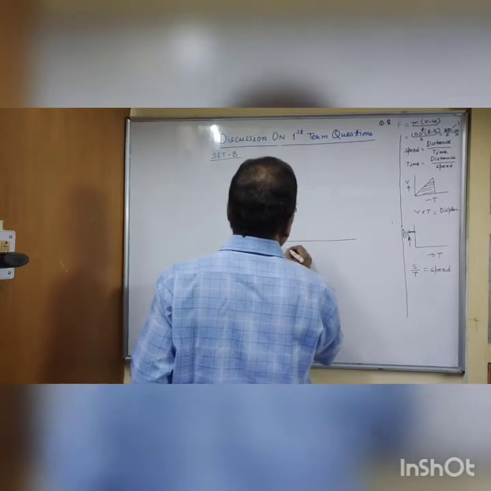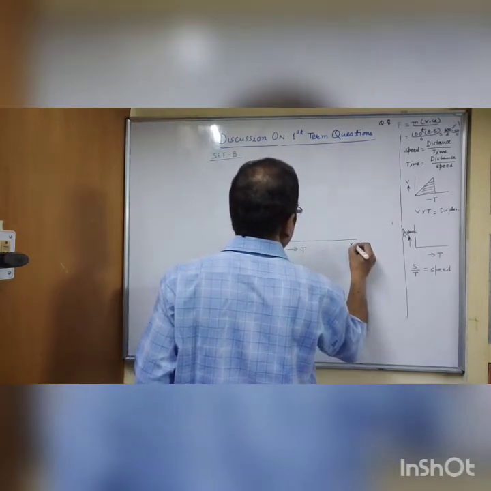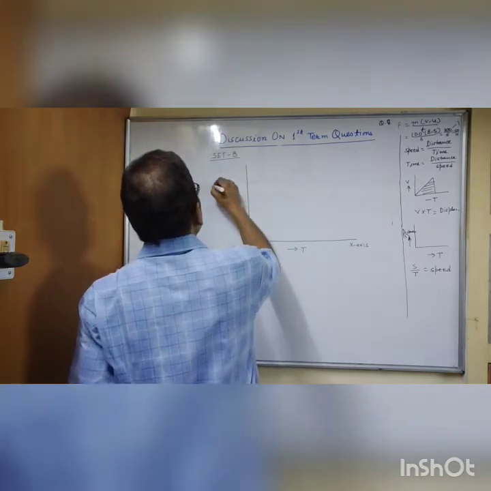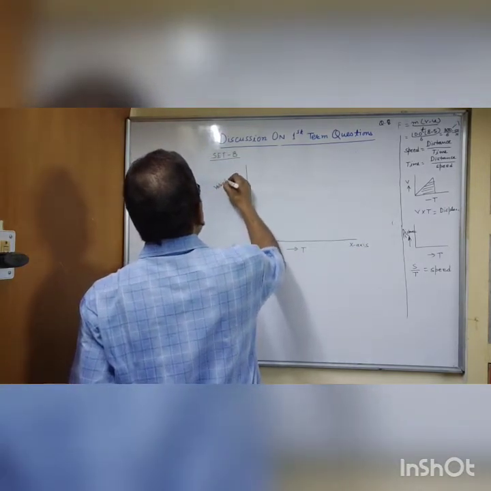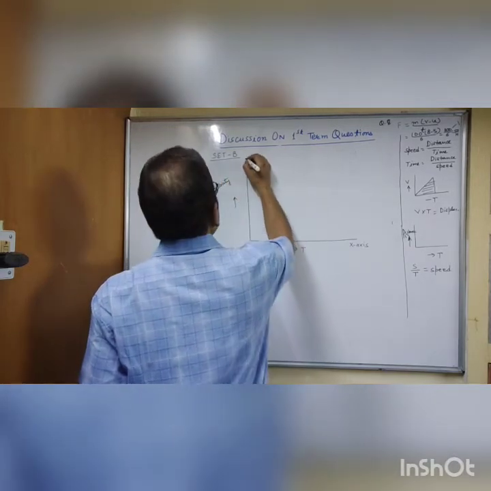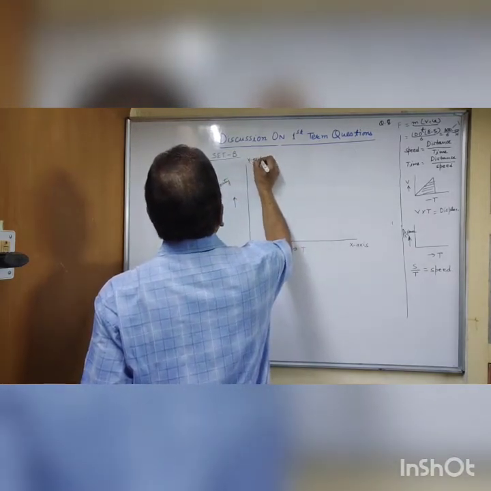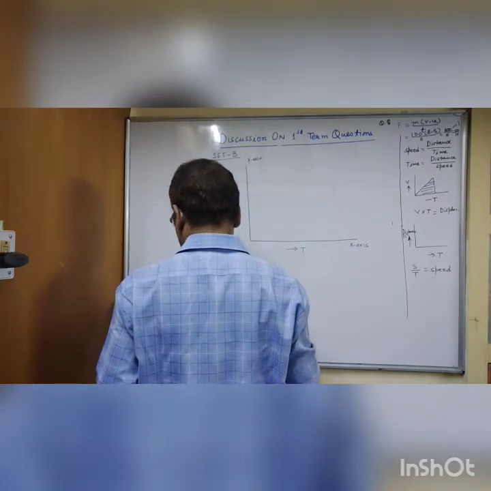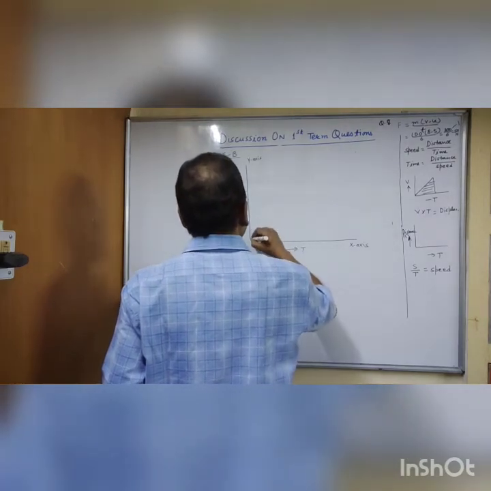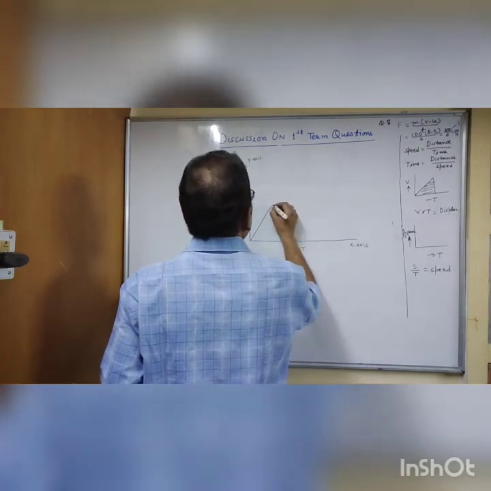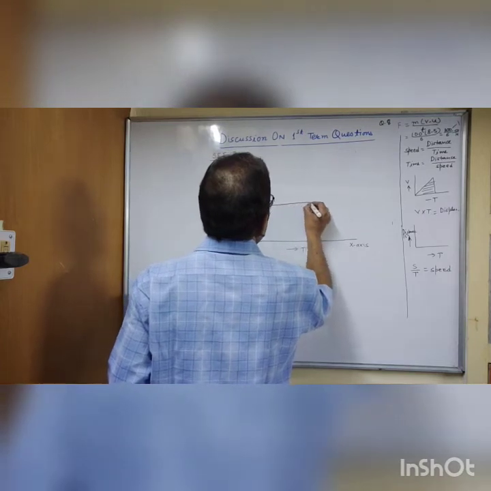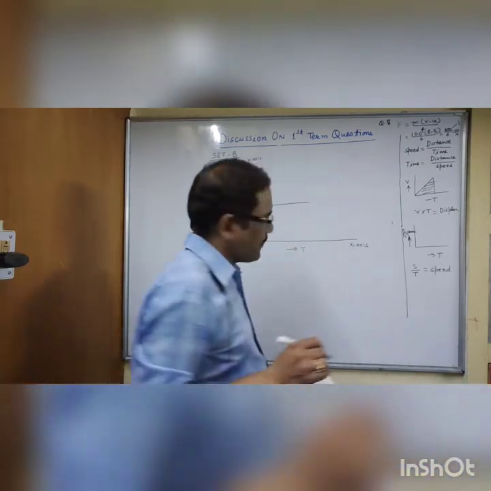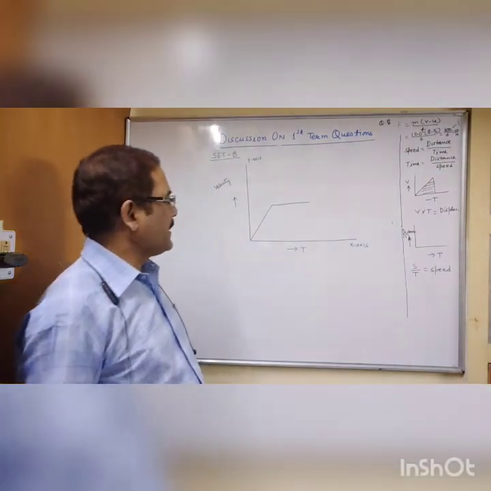As you know, we take time always on x-axis and velocity on y-axis because time is independent quantity. So for a part of train journey is a horizontal straight line. So suppose the graph is like this.